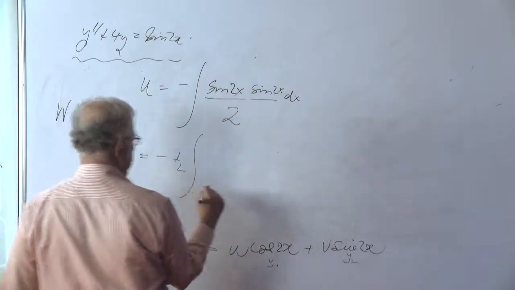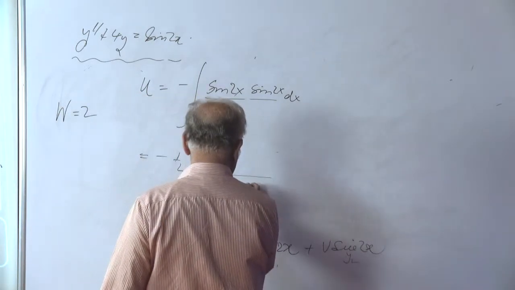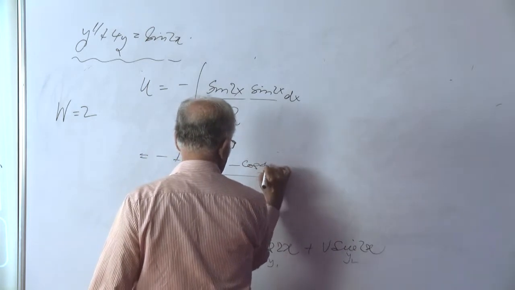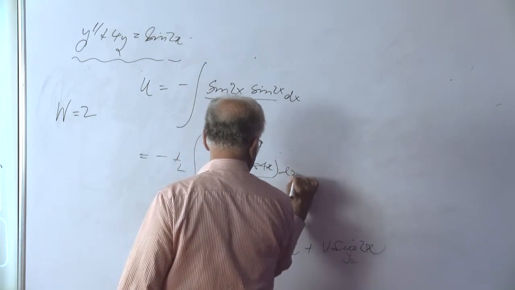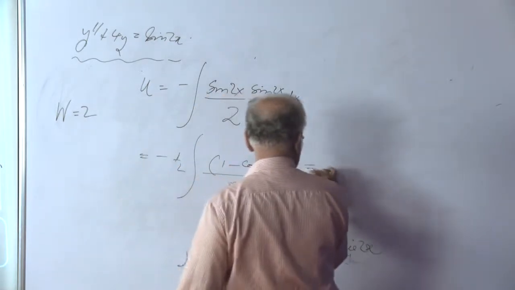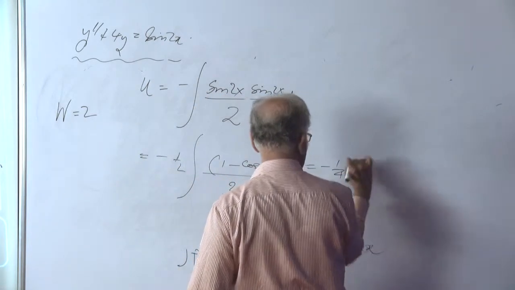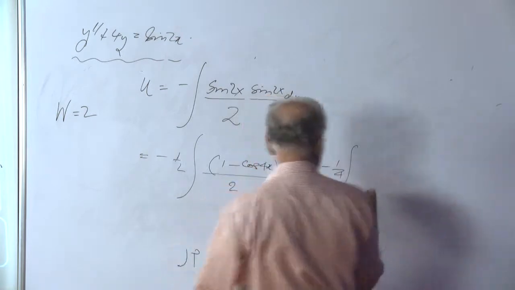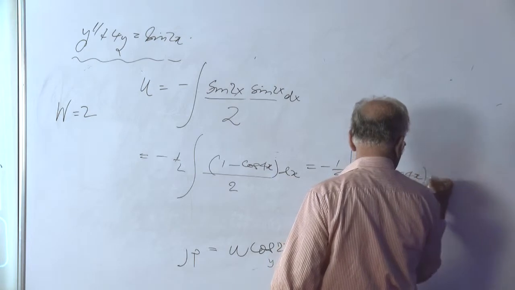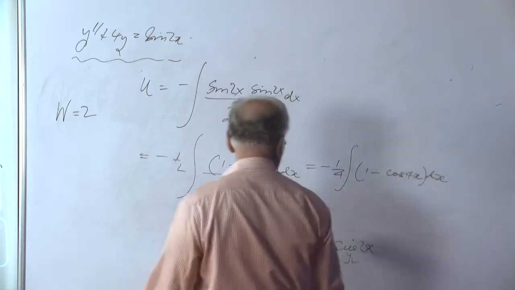With these two out, we'll have to put another half, 1 minus cos 4x dx. So this is minus 1 by 4 integral of 1 minus cos 4x dx.